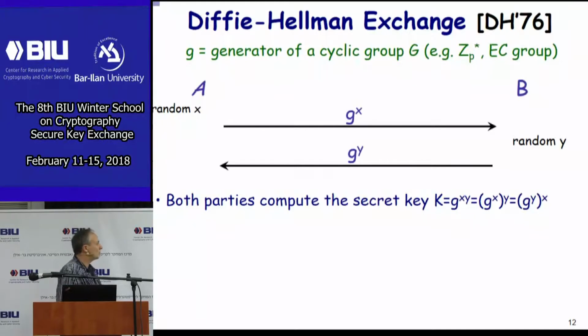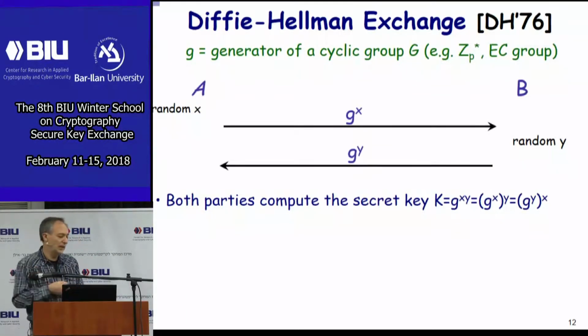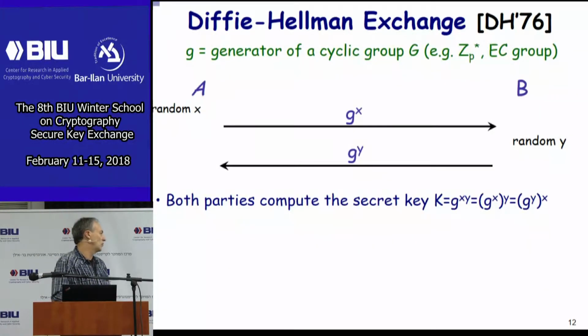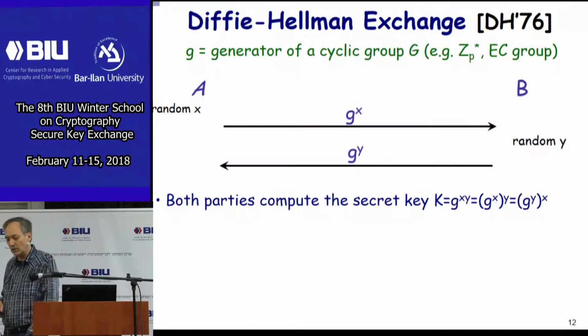We have a cyclic group with a generator, call it G, like Z star P or an elliptic curve group, and we have Alice and Bob, which I will call A and B. Alice chooses a random X, Bob chooses a random Y. They exchange G to the X and G to the Y, and then both compute the key as G to the XY, which each one computes according to the exponent that they chose.